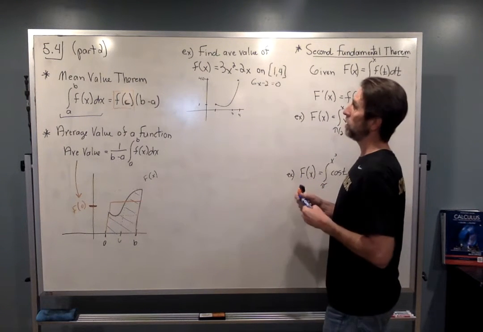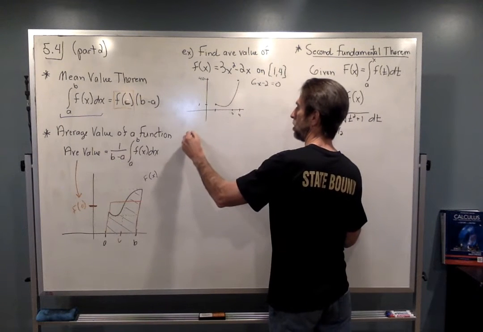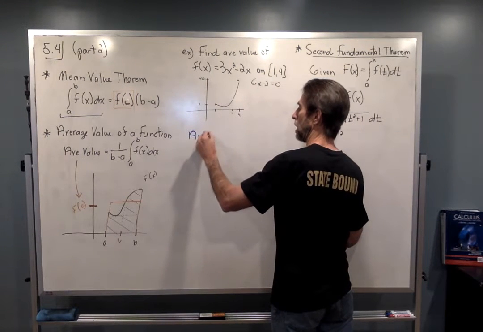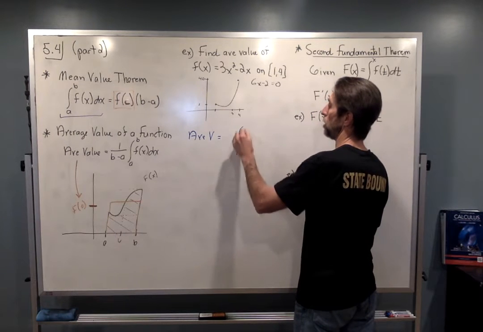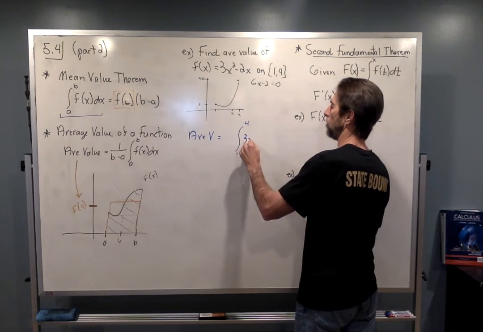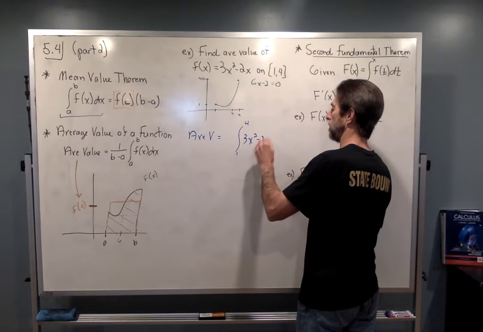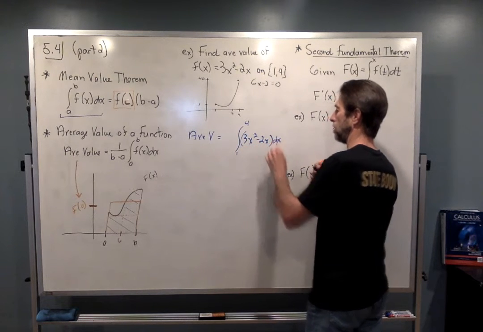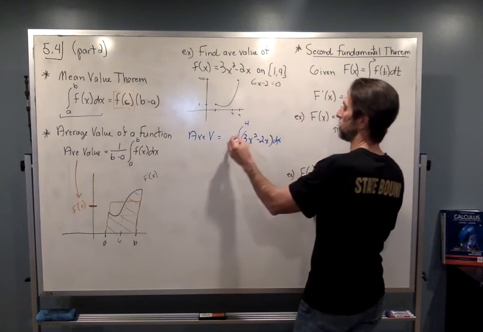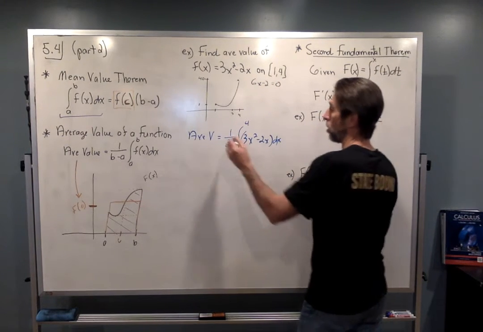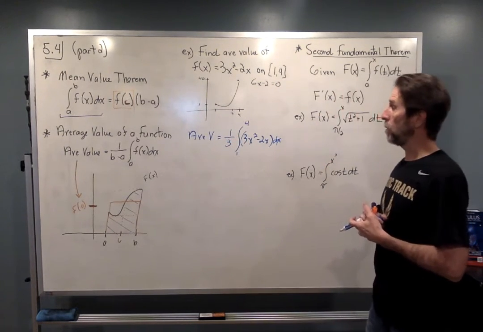In order to do that, I'm basically going to realize that the average value is nothing more than the integral from 1 to 4 of 3x squared minus 2x dx. And then I'm really going to divide that by this difference, b minus a, or multiply it by 1/3 if you want to think of it that way.